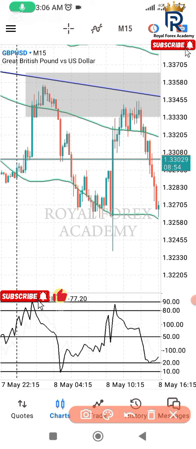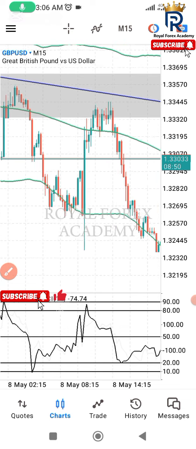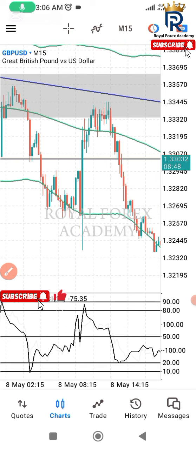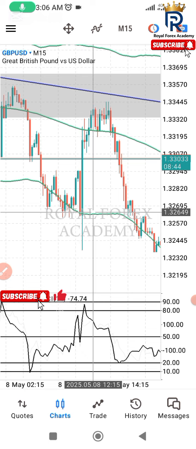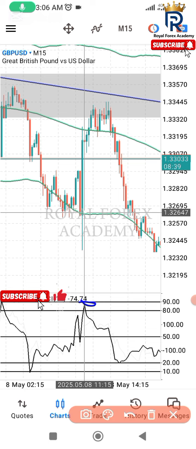Beautiful. Remember, this is the high that we marked our order block, and here price is back to our order block, right? Let me bring our cross line. This is the high. So this high and this high.